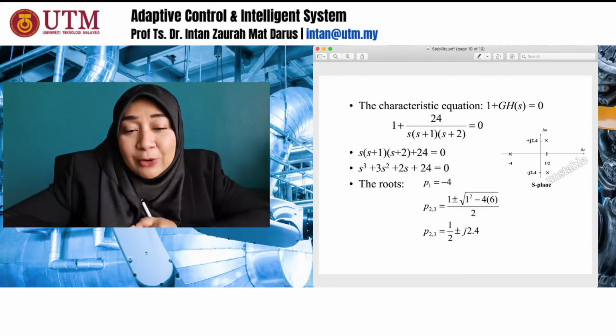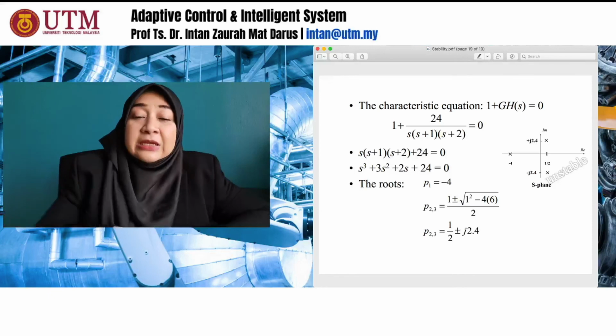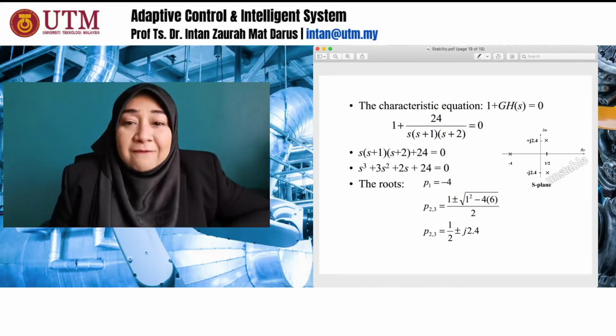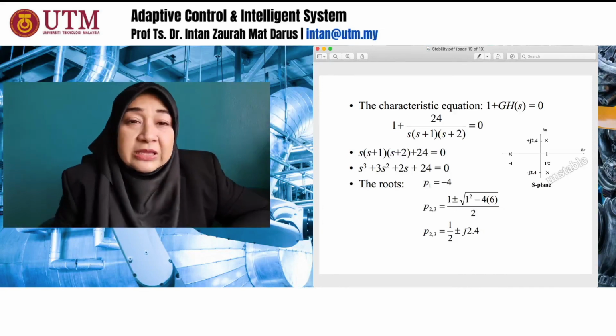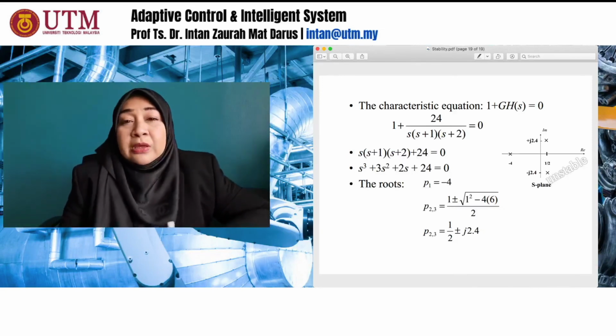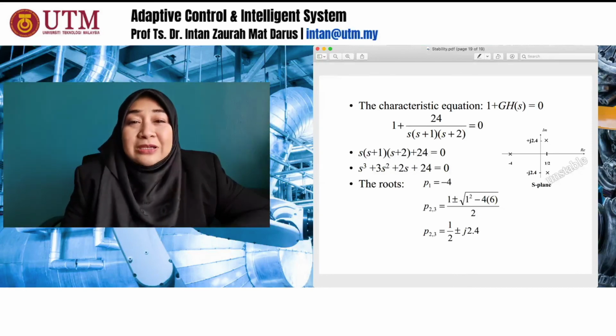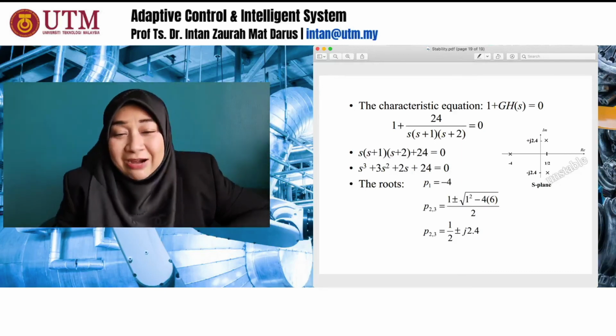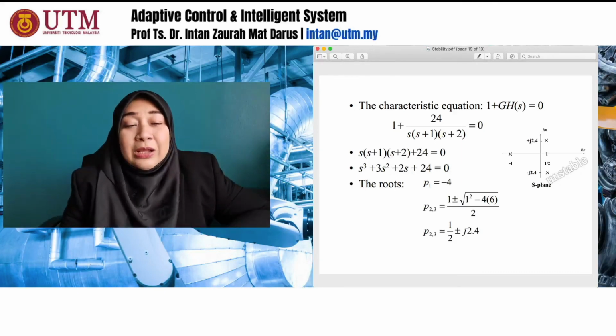If I plot that, you will see that the complex conjugate poles have a positive real value, so they lie in the unstable region of your S-plane diagram.